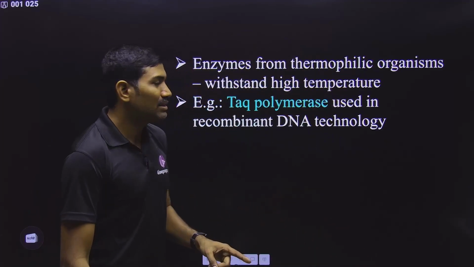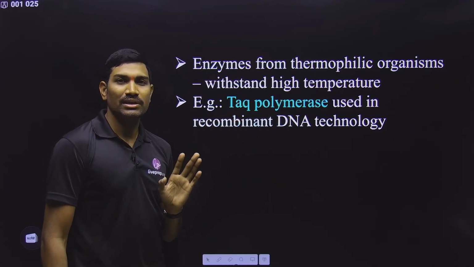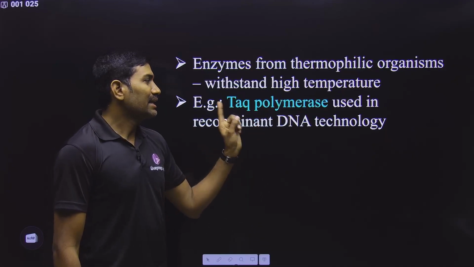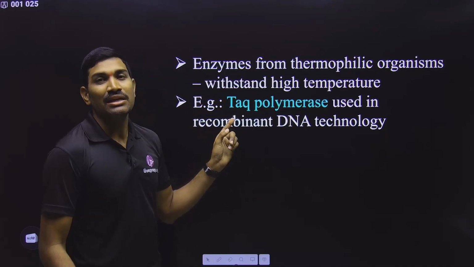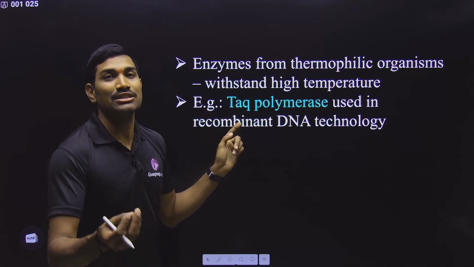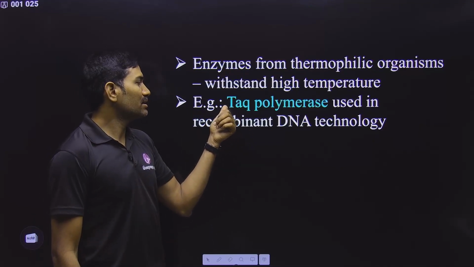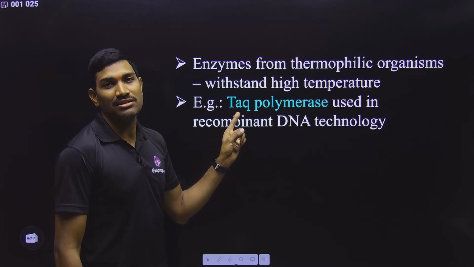One standard example that you need to interlink with the biotechnology chapter is Taq DNA polymerase. Yes or no? Under the PCR concept, we studied this. Taq DNA polymerase is isolated from a bacterium that is living at high temperature. That's why it is called a thermophilic bacterium, and its name is Thermus aquaticus. T for Thermus, AQ for aquaticus.